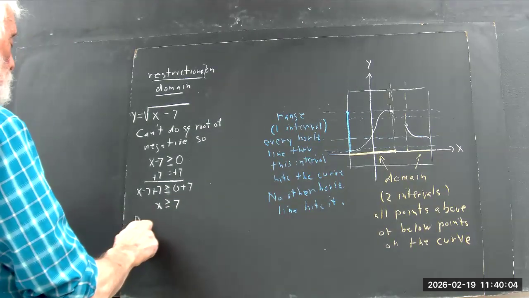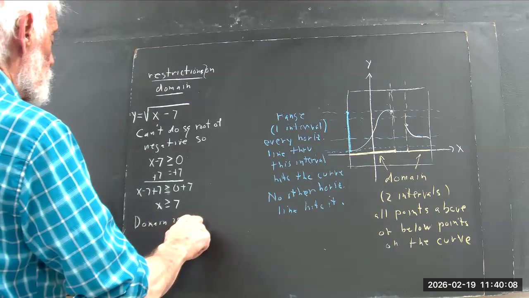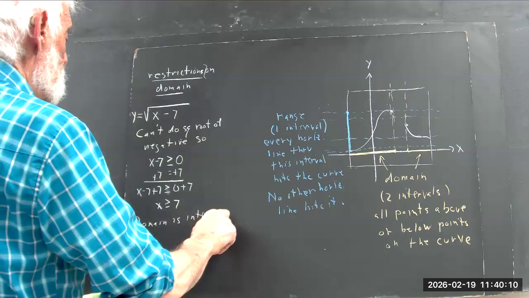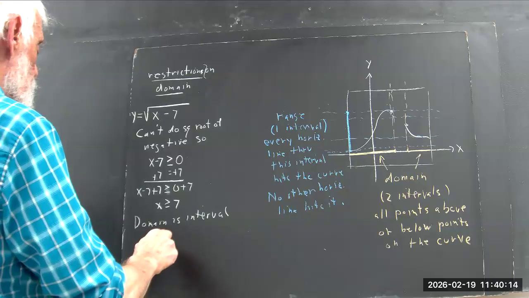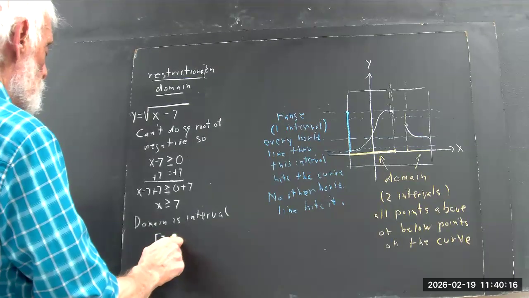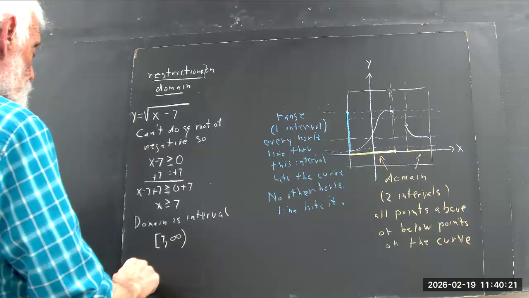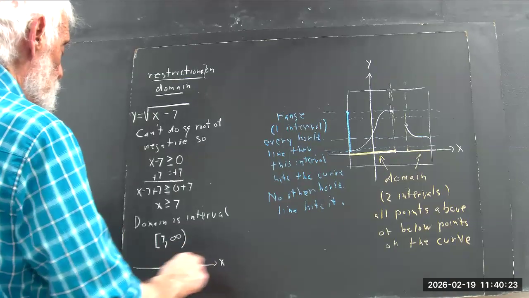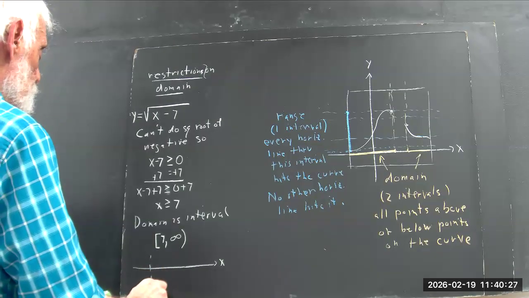So you say the domain is the interval from 7 to infinity.